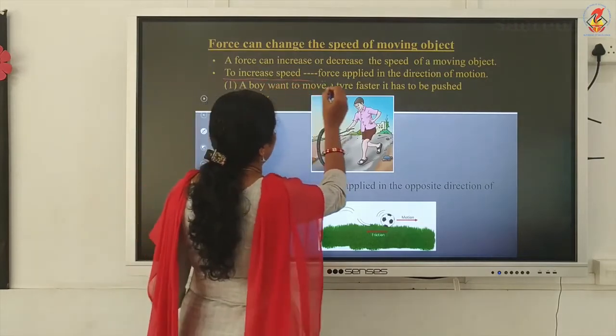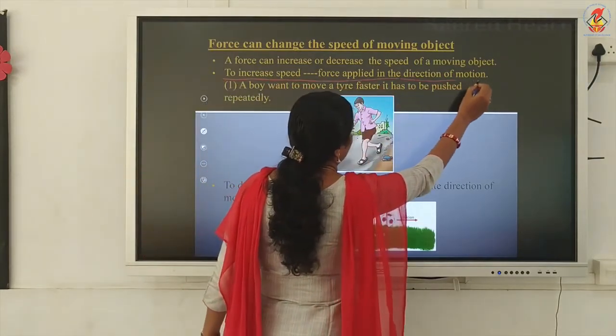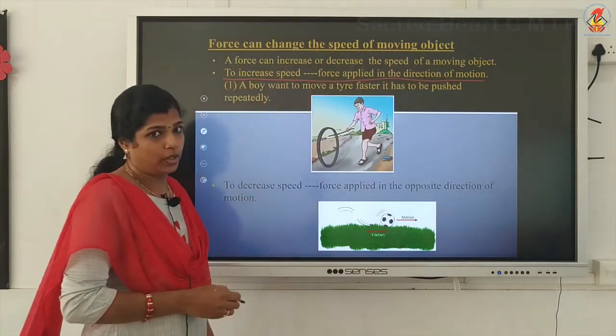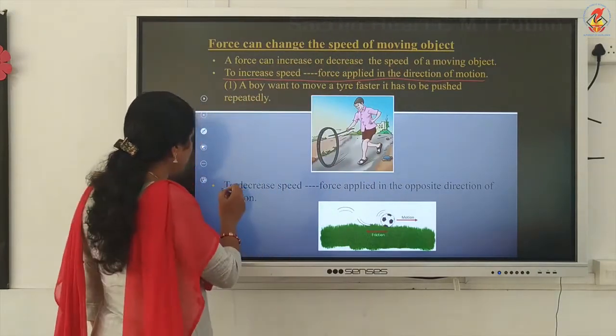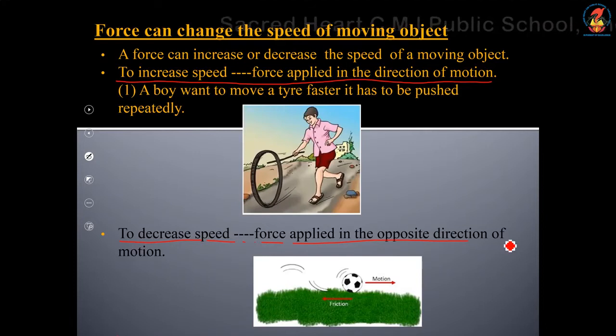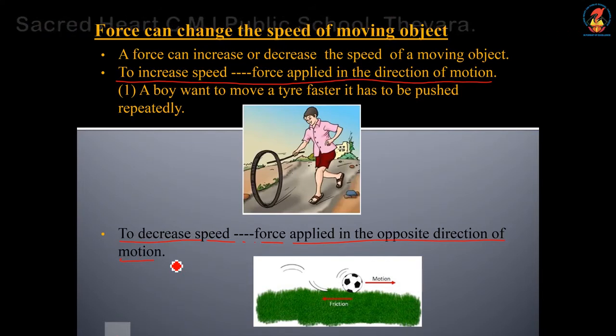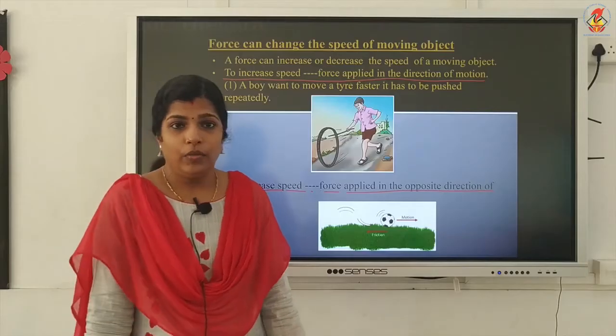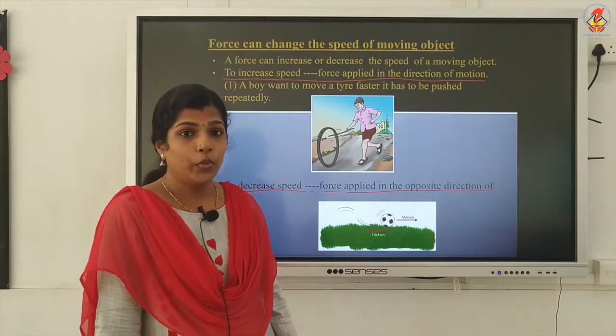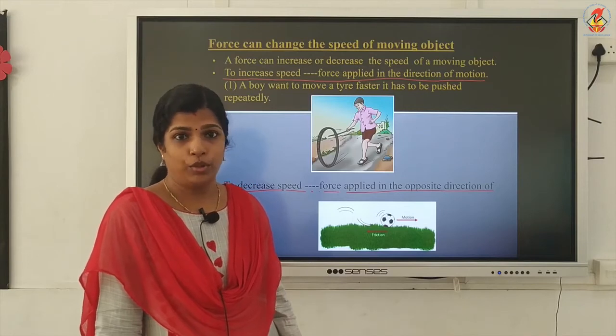To increase the speed, force is applied in the direction of motion. To decrease the speed, a force is applied in the opposite direction of the motion.